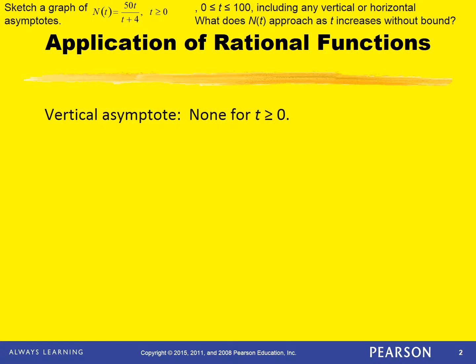Well, if you look at the function, you want to get a graph of it. First, you realize that there is no vertical asymptote for T greater than or equal to 0.